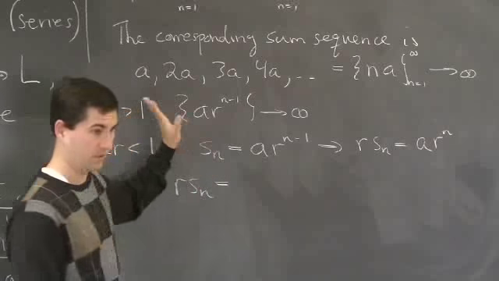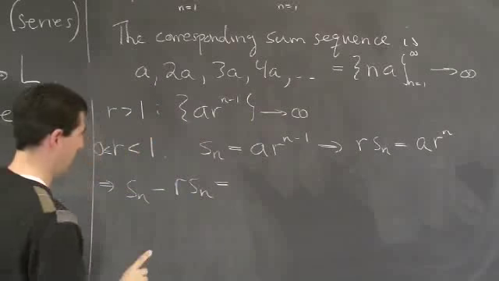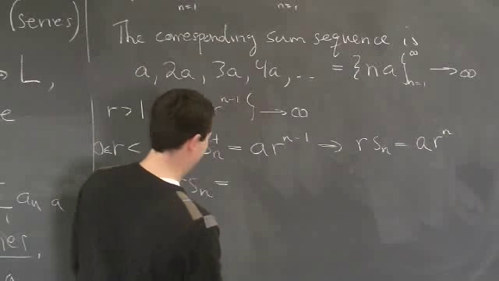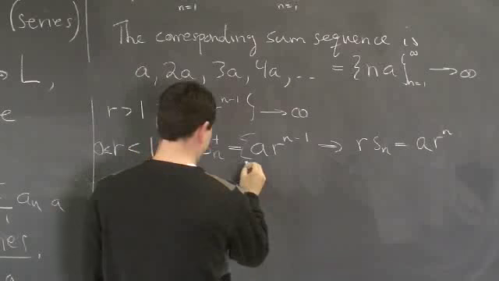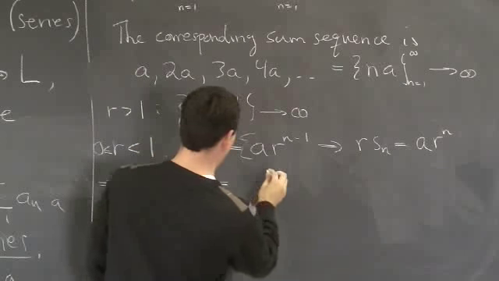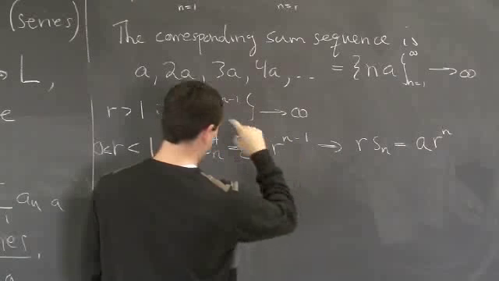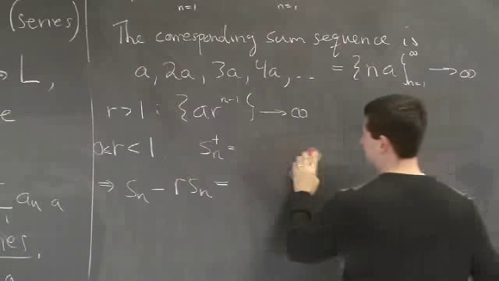Because I don't want Sn, I actually want Sn plus. Sorry. Let's do this again here. This is bad. I have the wrong indexing thing here. Okay, I have to write it out.